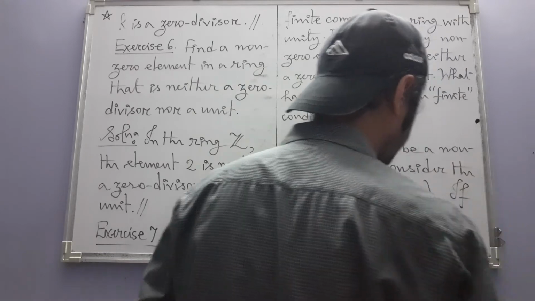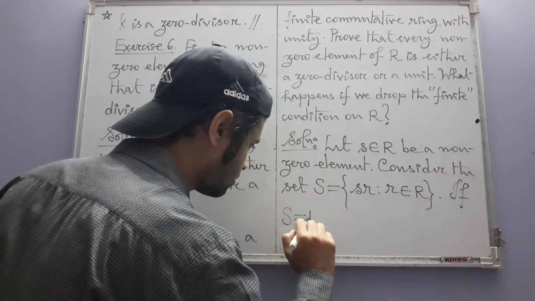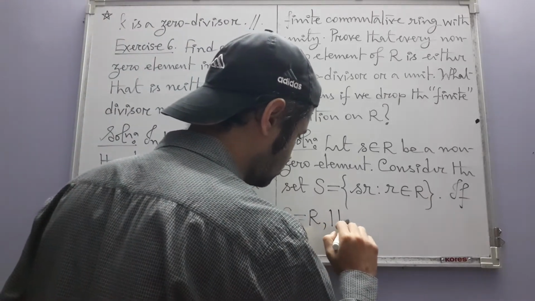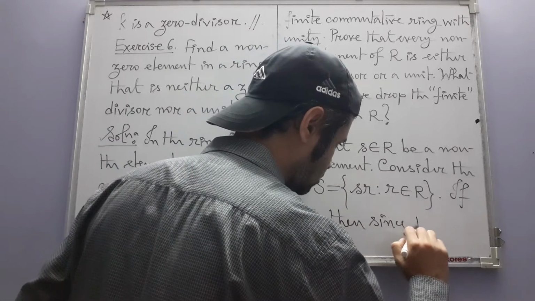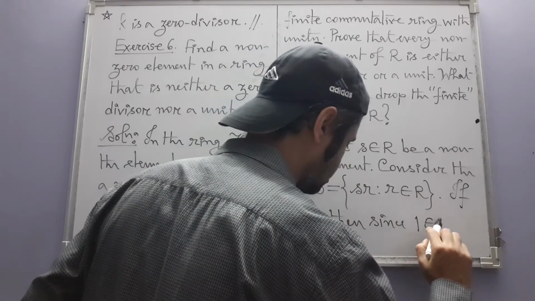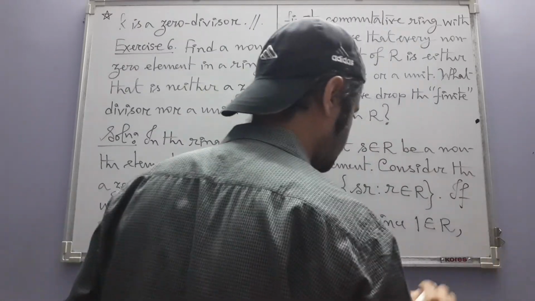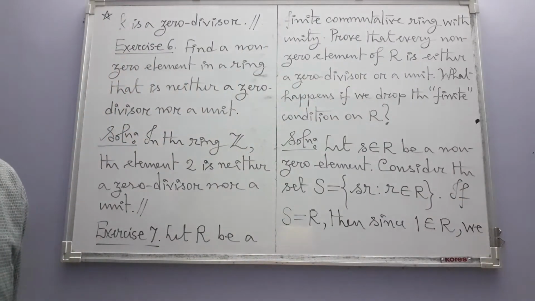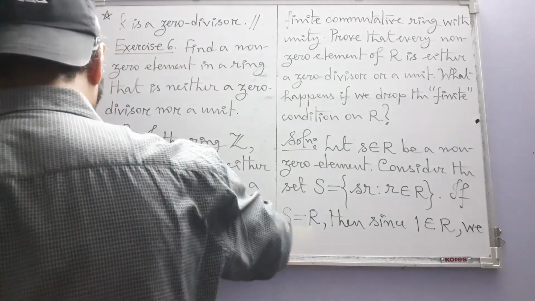Now if it happens that S is equal to R, then since 1 belongs to R, 1 is the unity in R, we have 1 equal to sr for some particular r from the ring.